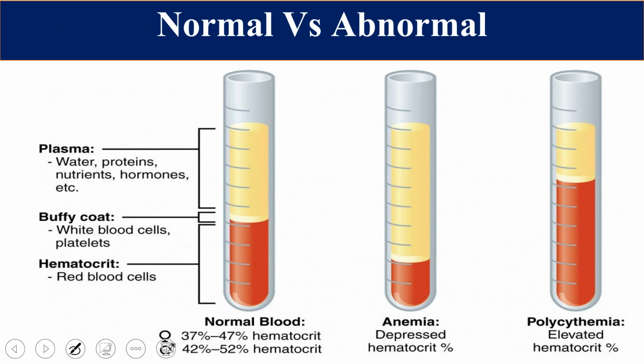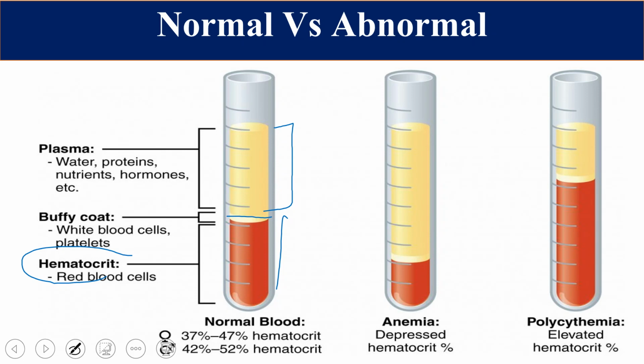On the basis of serum and plasma, this is the normal portion, where 55% is plasma, less than 1% is buffy coat, and 45% is RBC, which gives the hematocrit. So roughly 45% hematocrit is there.